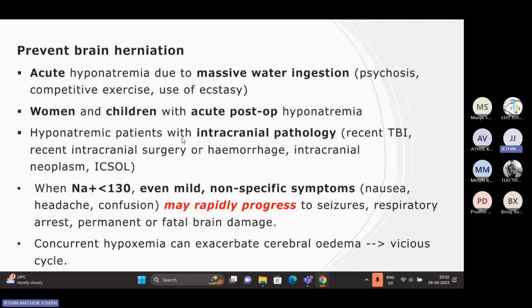And you have to be careful in hyponatremic patients where there is an intracranial pathology, like recent traumatic brain injury, recent intracranial surgery or hemorrhage, and intracranial neoplasm or space-occupying lesion. And when sodium is less than 130, even mild non-specific symptoms can rapidly progress. Also, concurrent hypoxemia can exacerbate the cerebral edema. So take care of the saturation levels also.